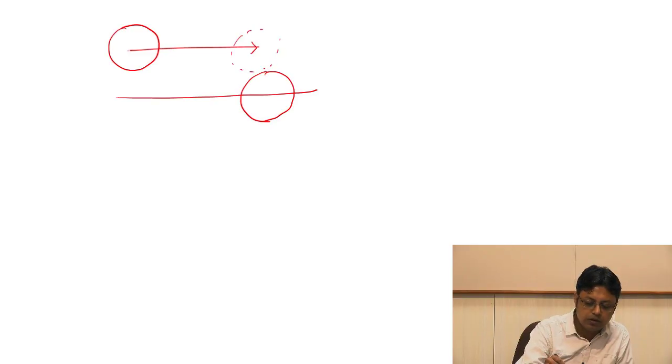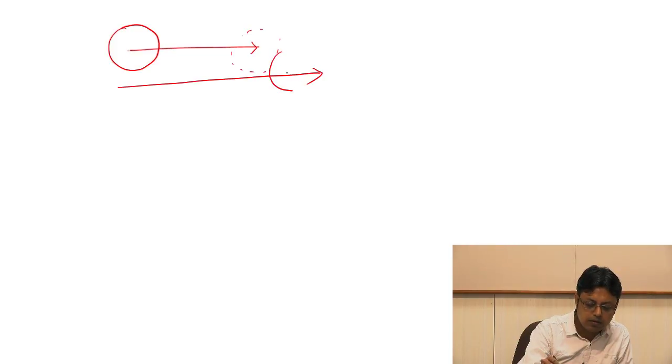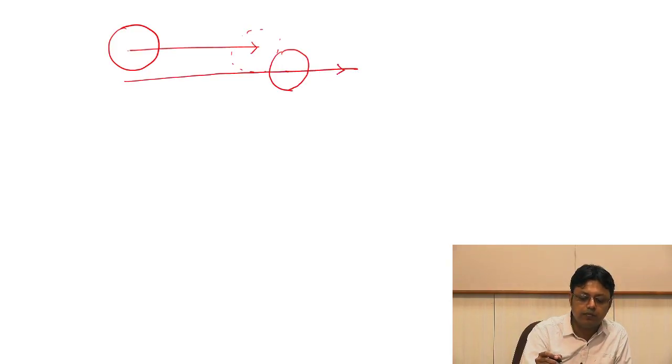Let me just draw it slightly bigger. Something like this. And this is basically the center of the second molecule, which is static because we are talking about relative velocities.